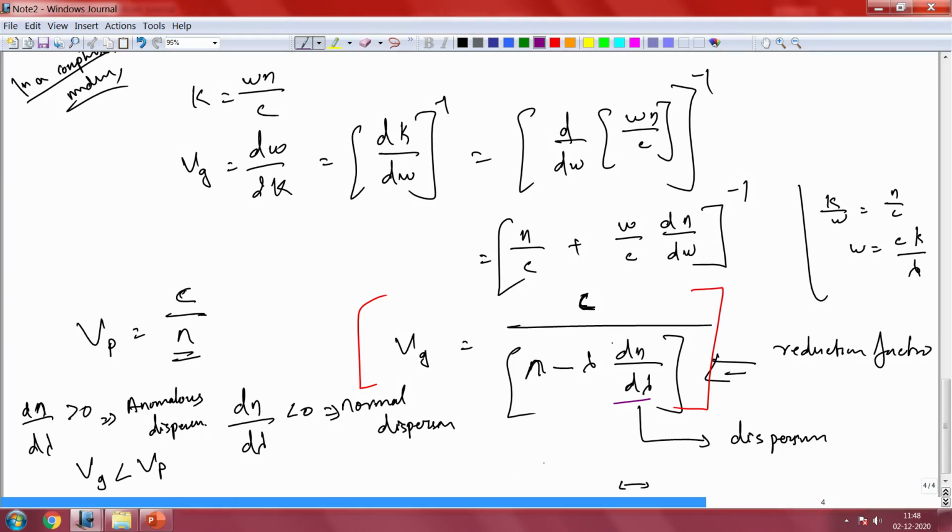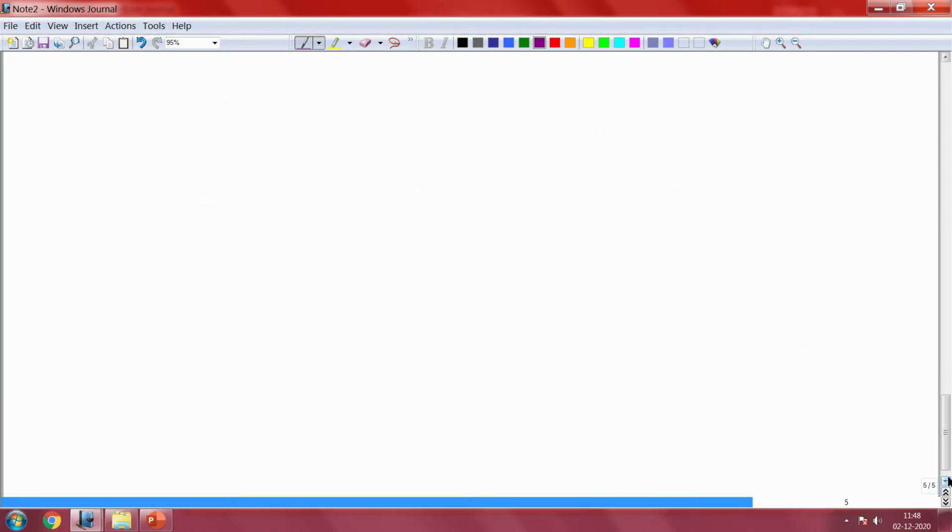So with that we conclude this dispersion discussion, and I would like to briefly talk about how this dispersion is important when we look at electromagnetic wave interaction with matter. Okay. So when light is propagating through a medium, the medium is characterized by its dielectric constant, its polarization and its magnetization, all those properties.